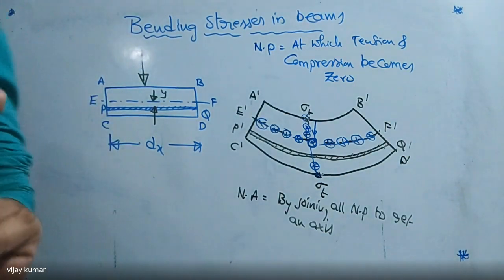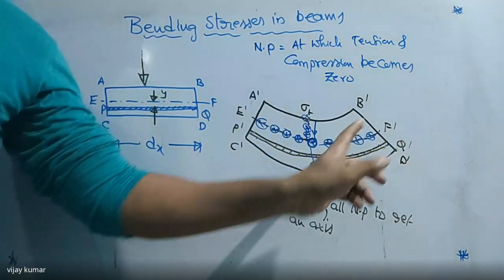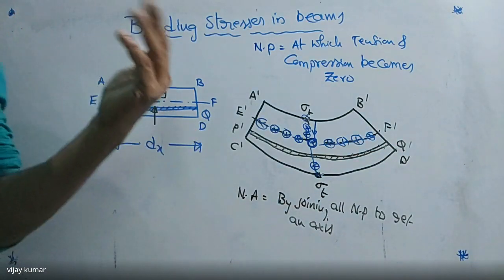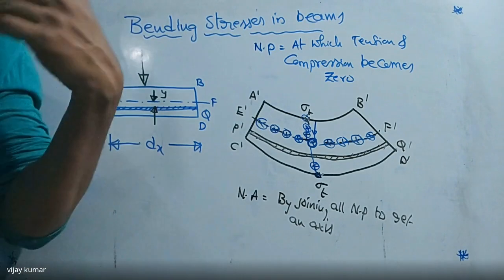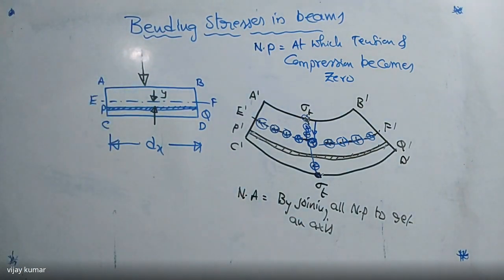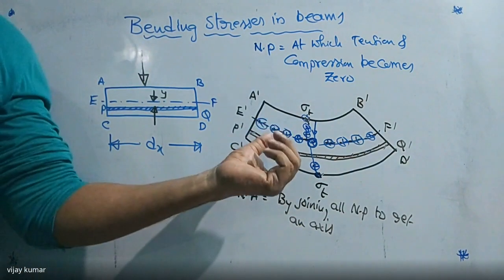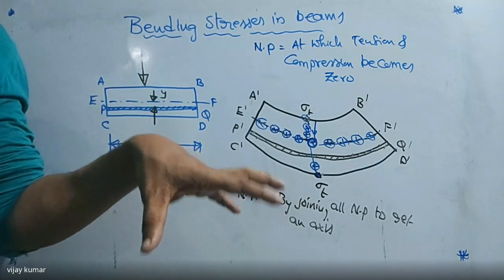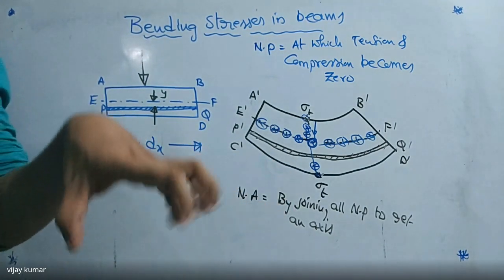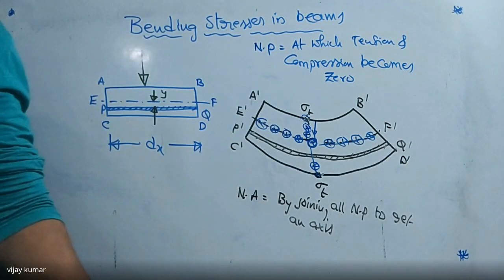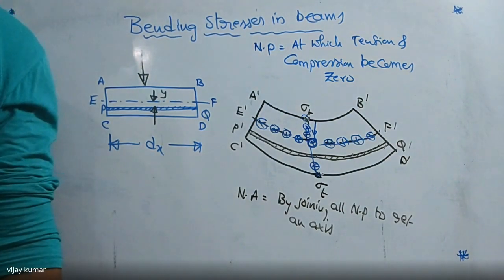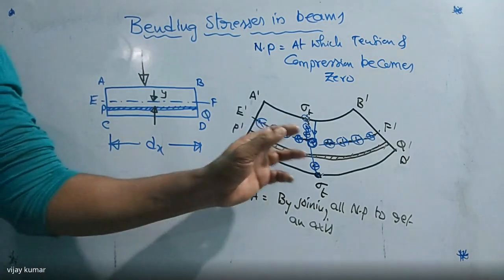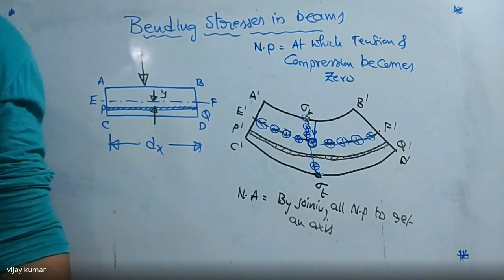That means the length of the neutral axis before application of the load and after application of the load are the same. Before and after application of the external force, the length of the neutral axis remains the same. Why? Because there is no tension, there is no compression of the neutral layer. Did you get my point or not?